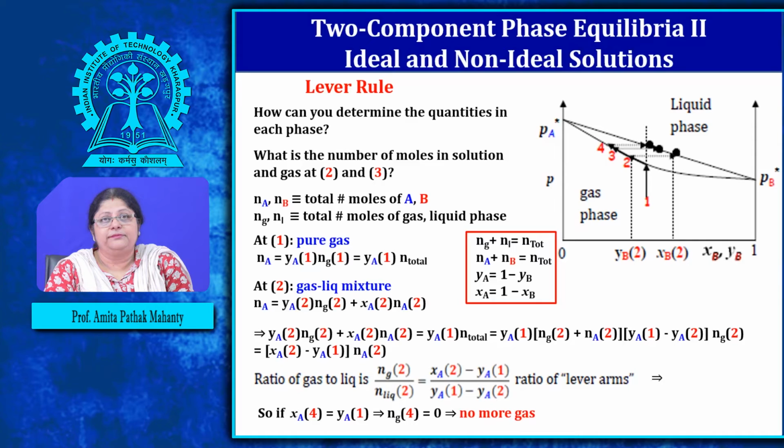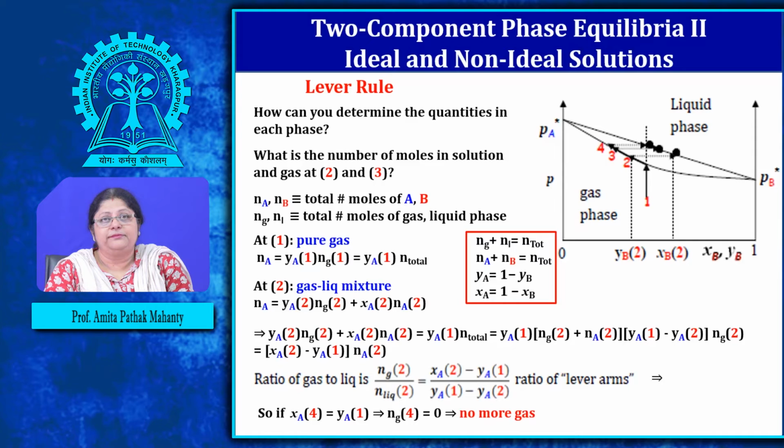Wherever it hits the dew line, if you drop a perpendicular, you can read the mole fraction of that component in the vapor phase, and corresponding to the other you can read the mole fraction of the component in the liquid phase.